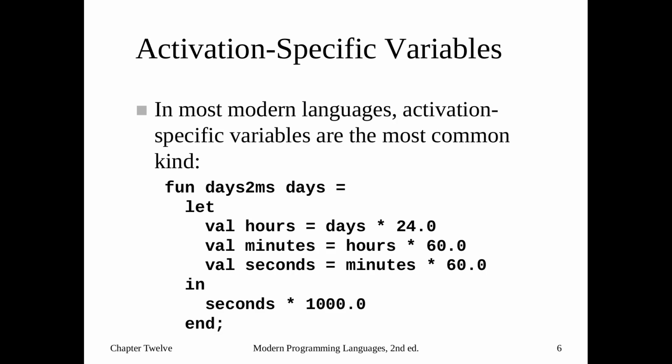We use those to set up the number of seconds in those days, and then we use seconds in the in part of the let block to multiply by 1,000. The interesting thing is hours, minutes, seconds, and days are all activation specific variables, right? They're just dynamically allocated as the function is called.